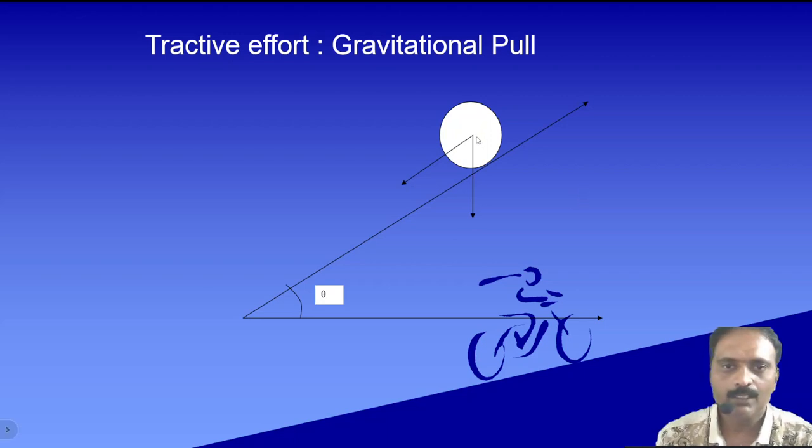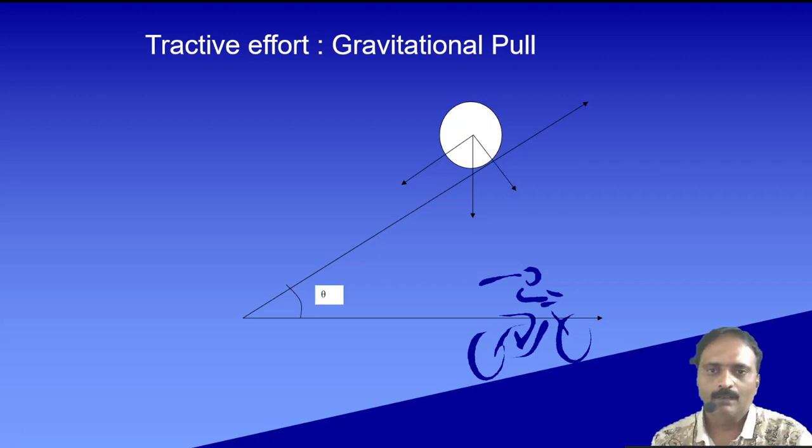Generally the weight acts exactly downwards, and this is the component of force. If this is the weight, this angle also will be equal to theta, and this component of weight will be W cos theta, which is compensated by the normal reaction of the vehicle.